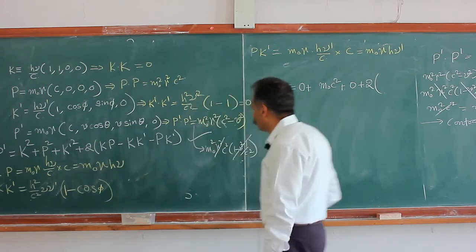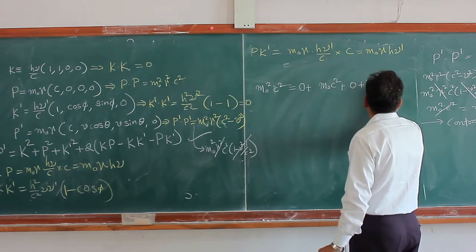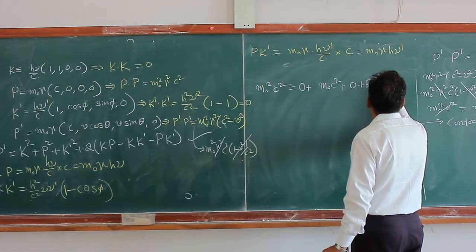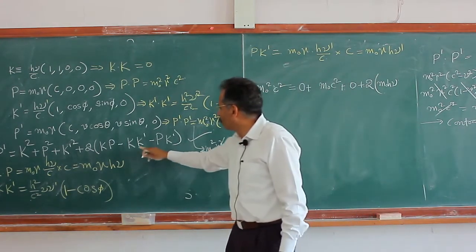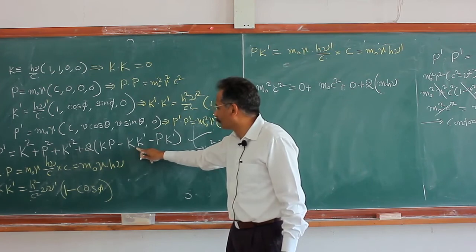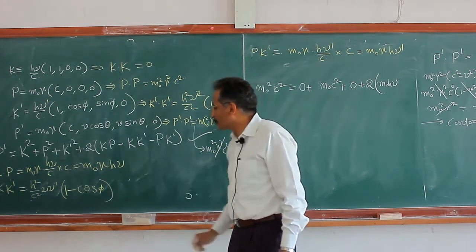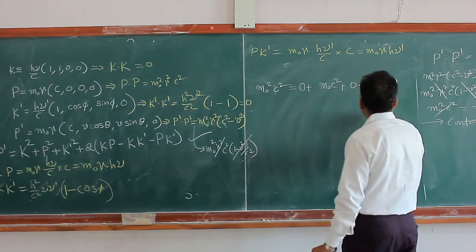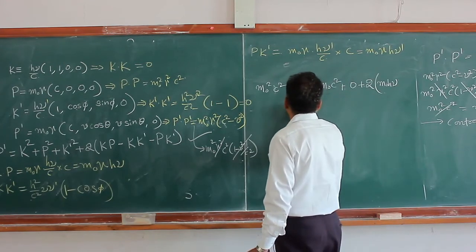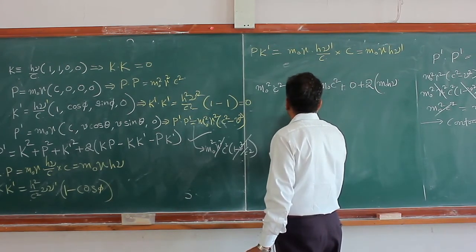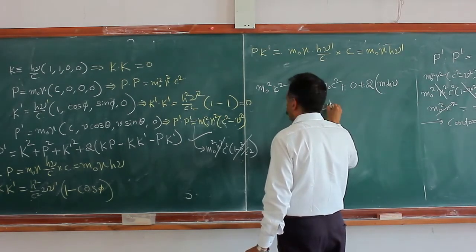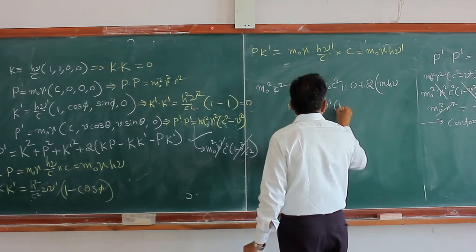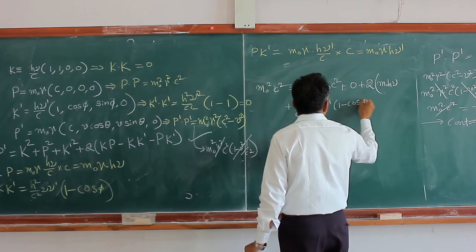So it is m0 h nu. Then another quantity is kk dash, it is h square by c square nu nu dash into 1 minus cos of phi.